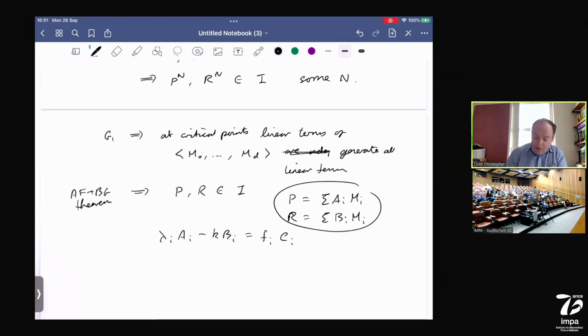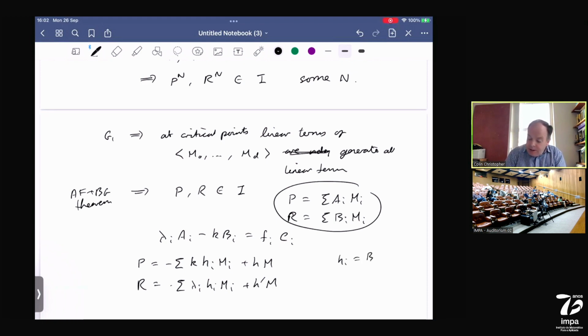And after a little bit more work, we finally get a final expression for P and for R, which is that P is going to be equal to minus K times HI times MI plus H times M. And R is going to be the sum of lambda I times HI times MI plus H prime times M, where in fact the HIs are just my BIs over lambda I's, and my H is the sum of CI over lambda I, and H prime is equal to 0.